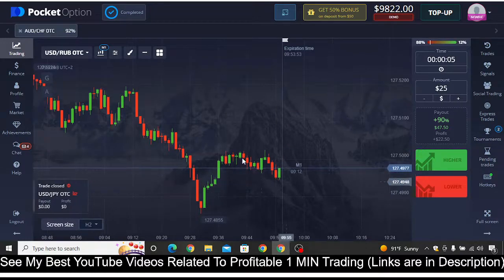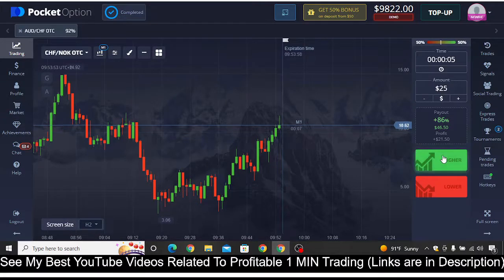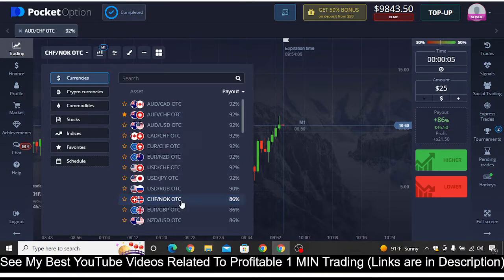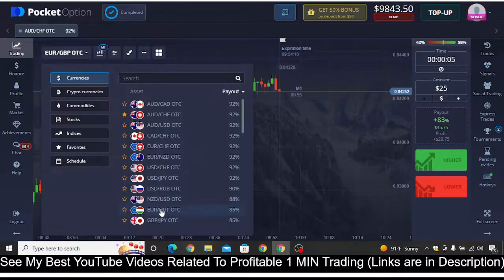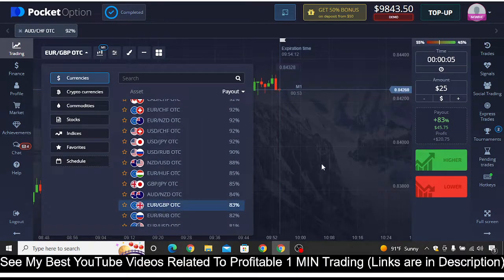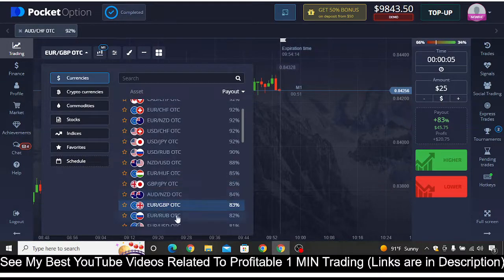Now let's go with another one. It's going lower, but it is a little bit unclear. See, in another it is going up. Click on higher. Made a profit here. Similarly, let's go with another one. This is unclear. This is also not so clear.